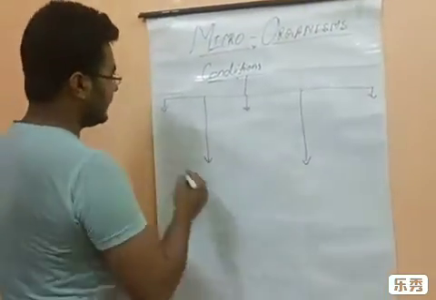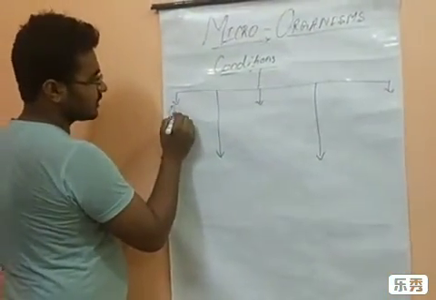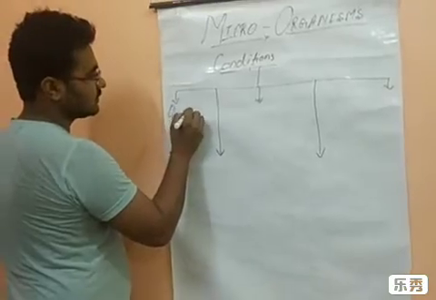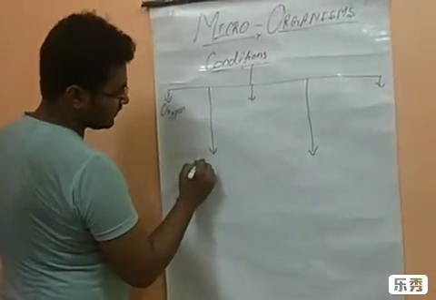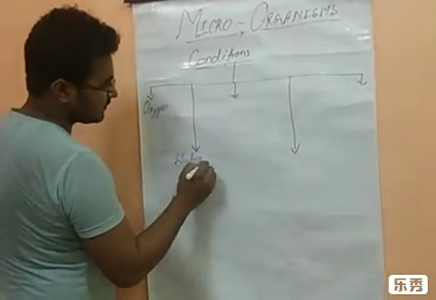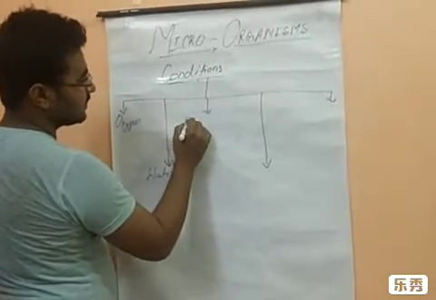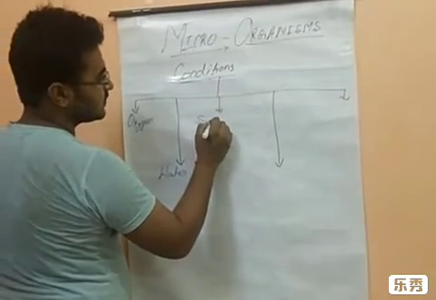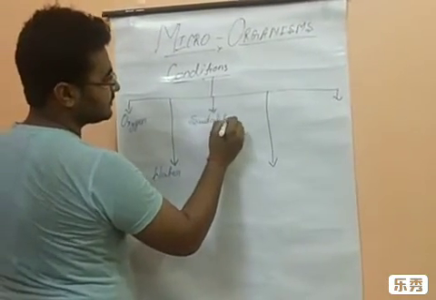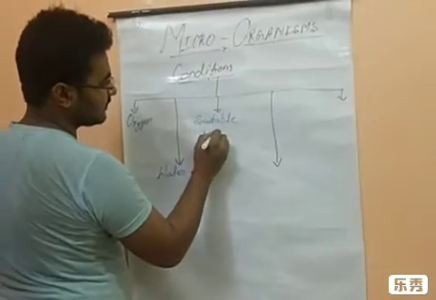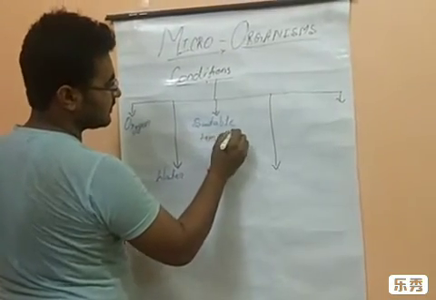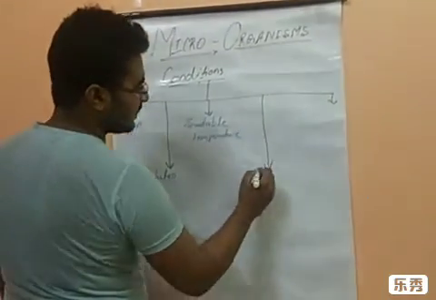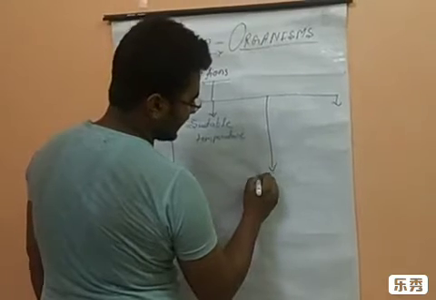I'm writing their names. First one is oxygen. Second one is water. Third is suitable temperature. Fourth is dark places.